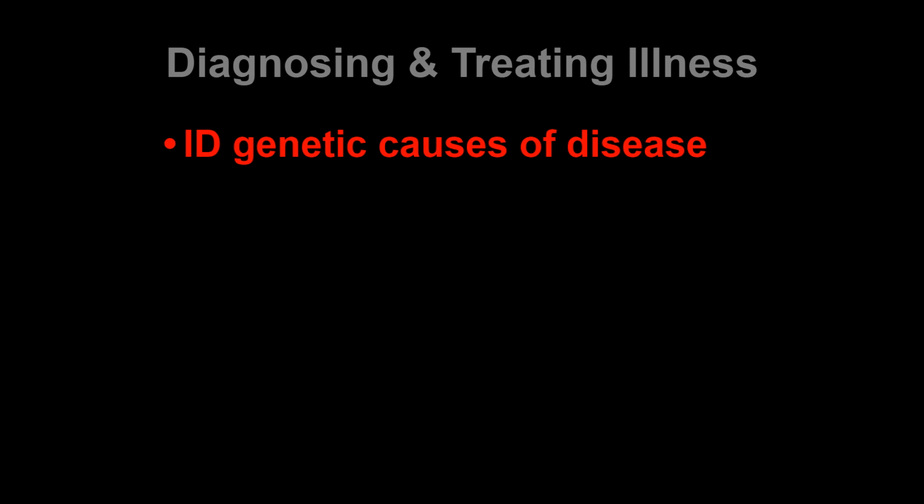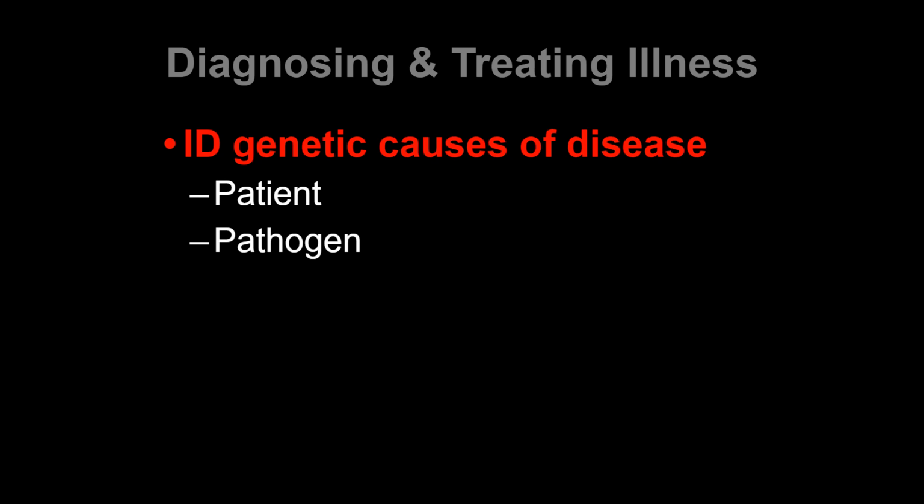So when we're diagnosing and treating illness, we can actually use DNA technology to help identify the genetic causes of that disease. That can be both in the patient, so what do you have genetically that is helping to increase your risk or cause you to have this disease? But it can also be with the pathogen.